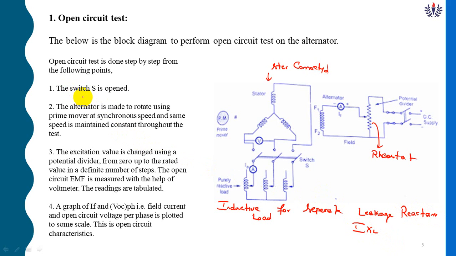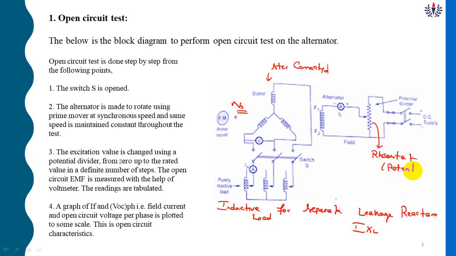Now the operation is very simple. The switch is open. The alternator is made to run at synchronous speed Ns, and this speed is constant. Now we give a field excitation to the field winding. This excitation value will be changed by using the rheostat, which is nothing but a potential divider.